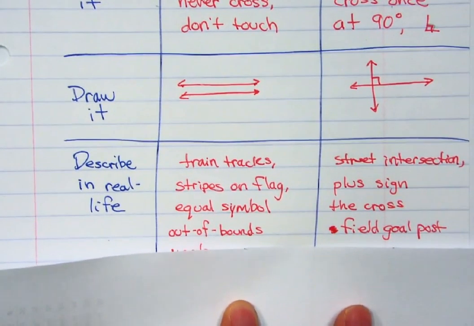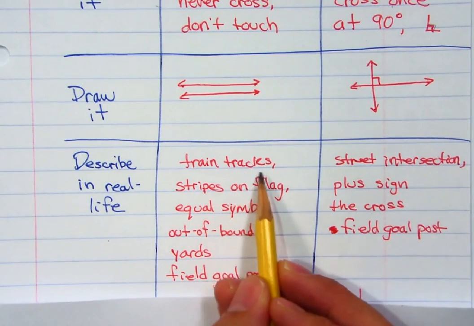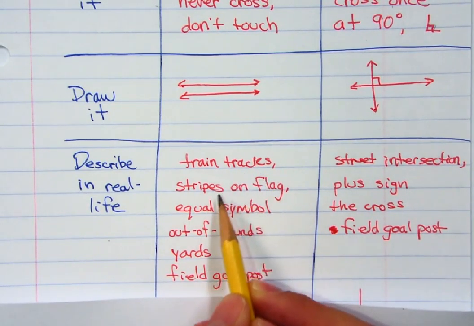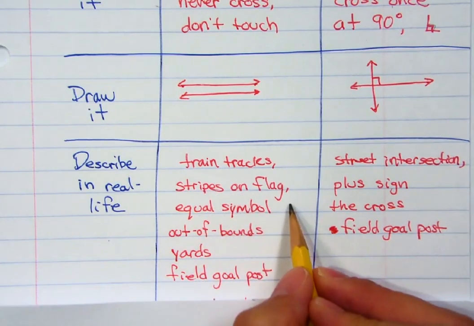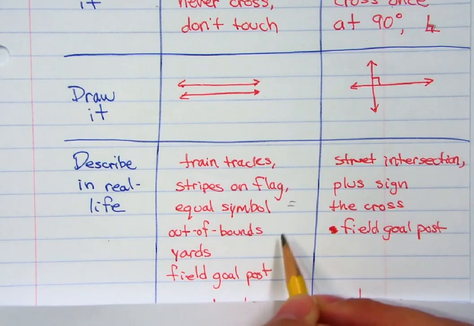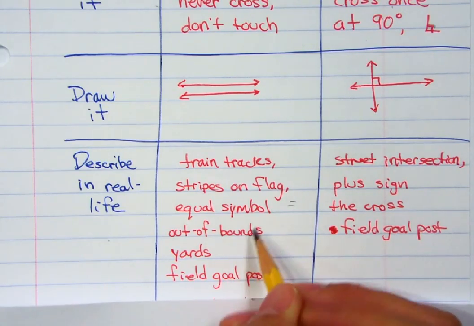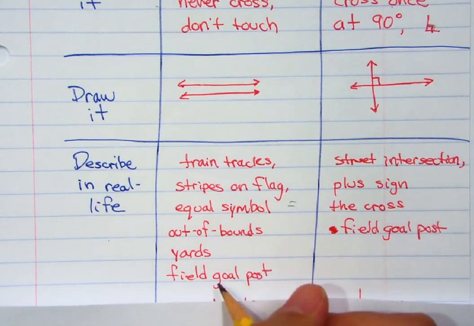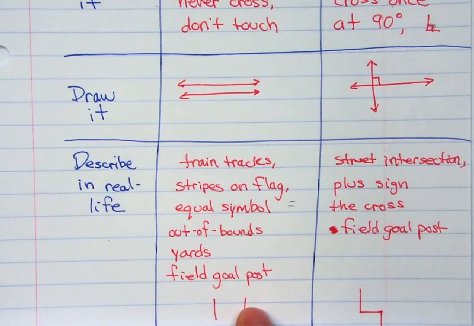How do we describe this in real life? A number of things popped up here. Train tracks could be parallel lines, the stripes on a flag, the equal symbol, the out of bounds lines on a field, the yard markers in football, and the posts of the field goal, which are parallel.